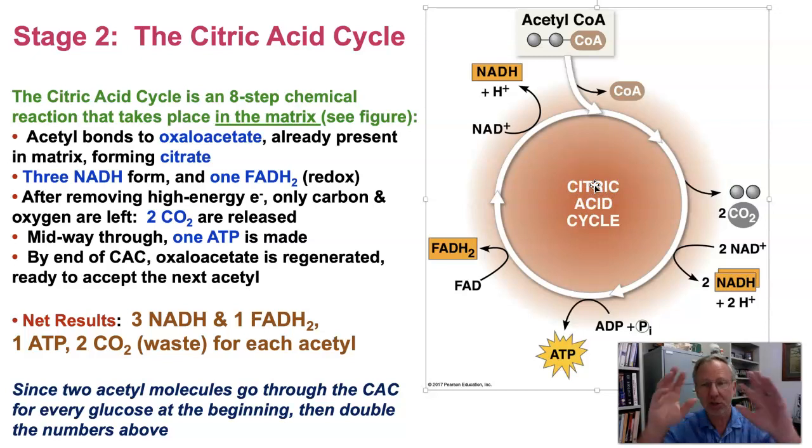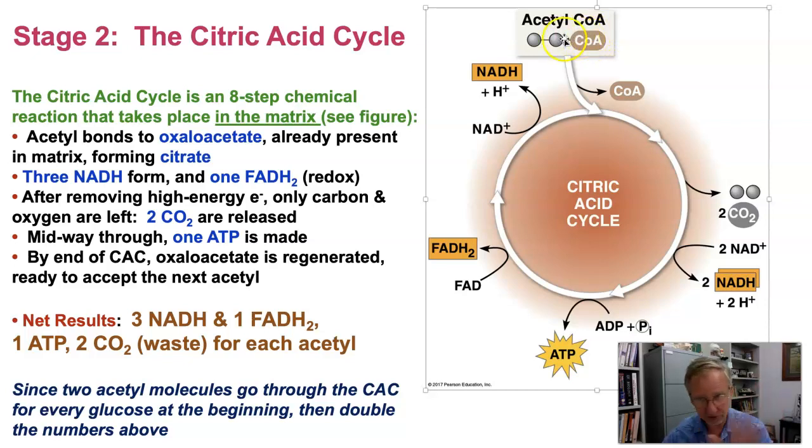And the overall upshot of the citric acid cycle, just to tell you up front, is to finish removing the electrons from acetyl, from the last little molecule that has been produced after beginning with glucose in the very beginning. Now we have 2 acetyl molecules that are going to be processed.